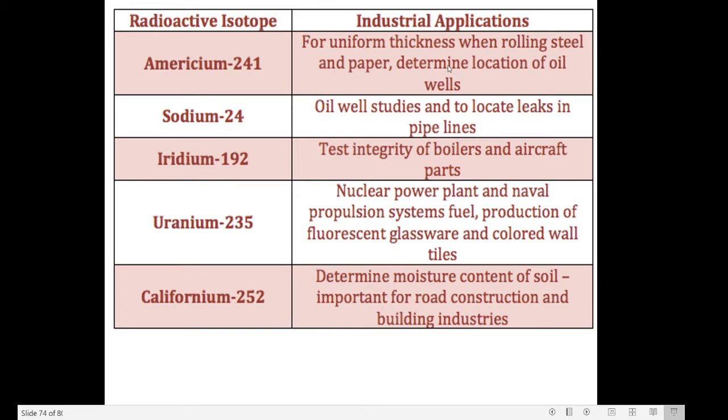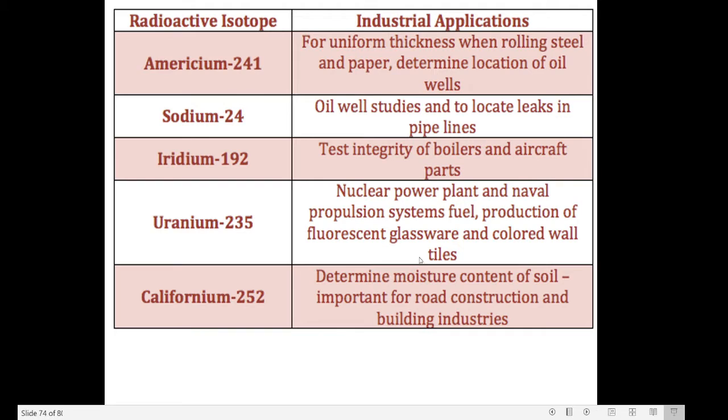Sodium 24 helps to detect leakage in pipelines. Deuterium helps with the integrity of boilers and aircraft parts.